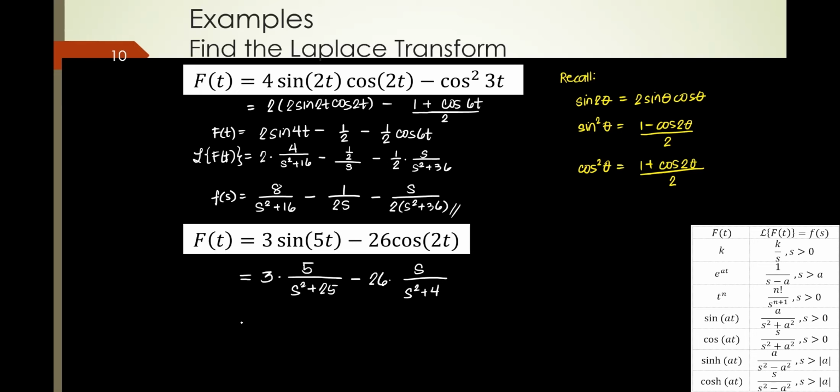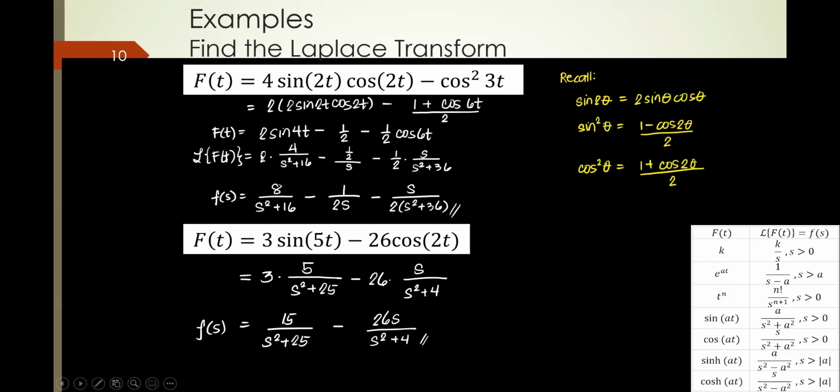Plus 4. Therefore, this is simply 15 over s squared plus 25 minus 26s all over s squared plus 4. That's correct. This is your f of s.